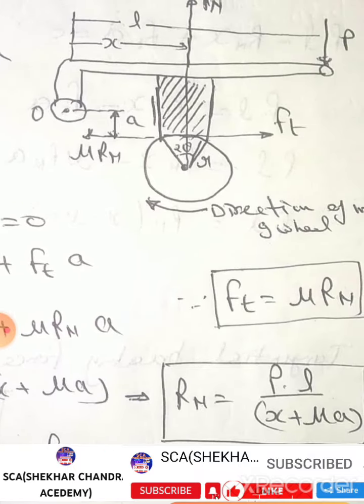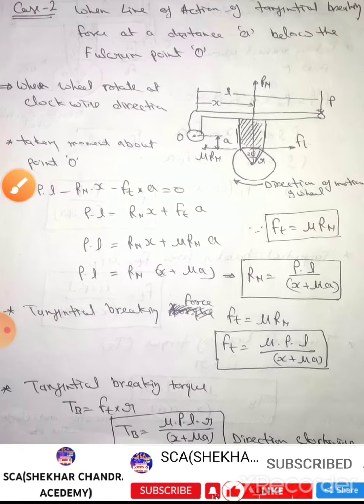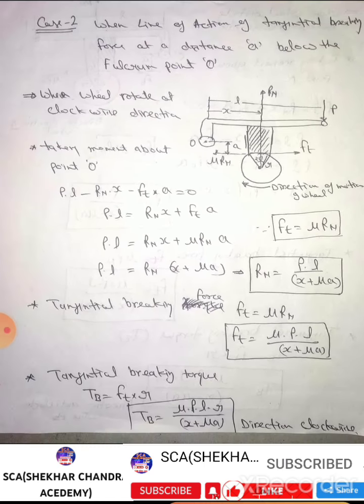The line of action of tangential braking force is below, at a distance a from fulcrum point O, and the first condition is when the wheel rotates in clockwise direction.